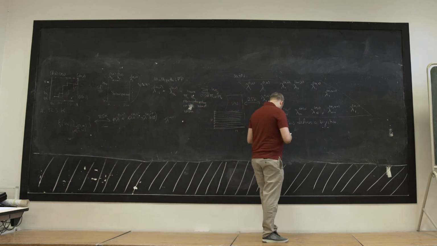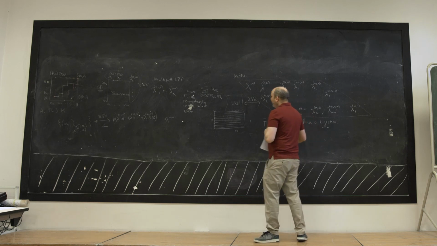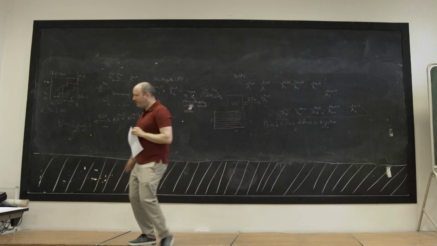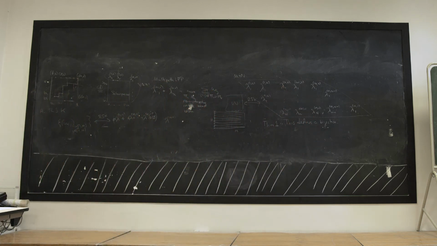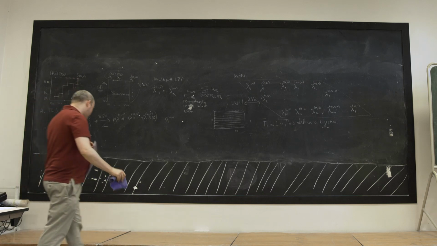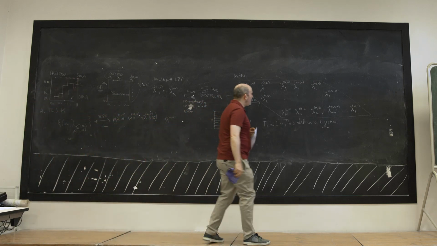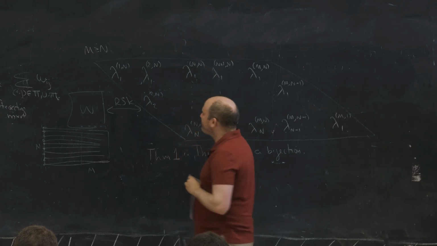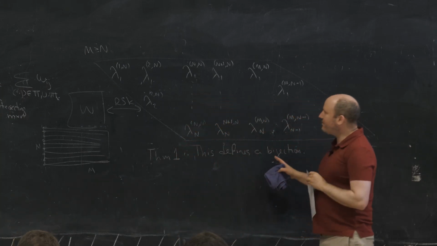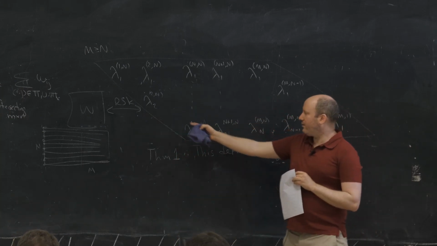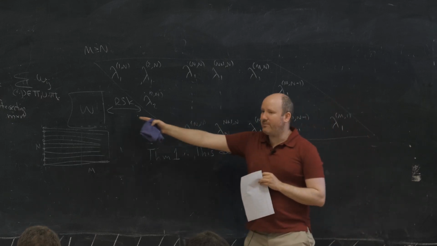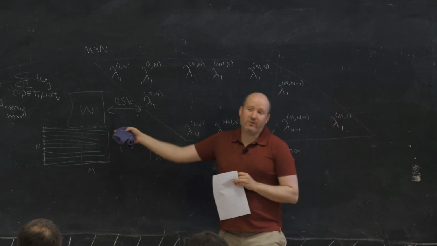So this was theorem 1. Let me state something that I think is kind of remarkable. This is a bijection, which obviously means that once I know the push forward of a weight matrix, I know the weight matrix. I can just reverse it.